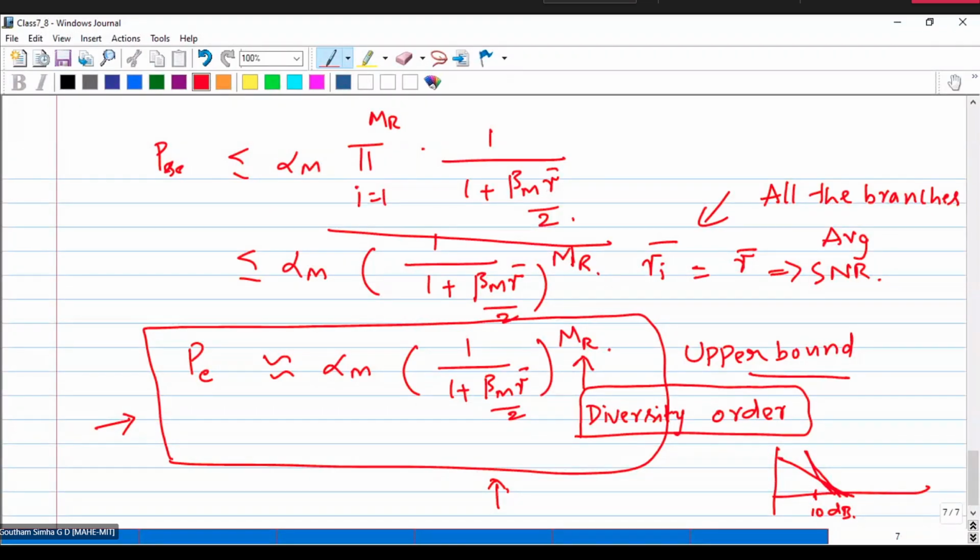But if you ask me to give a physical insight of what it is, no, I cannot give you any physical insight on what the analytical system deals with here. You have to understand the Chernoff bound and the Markov inequality in order to derive this kind of expression. So this is one thing, and with this you have two equations.